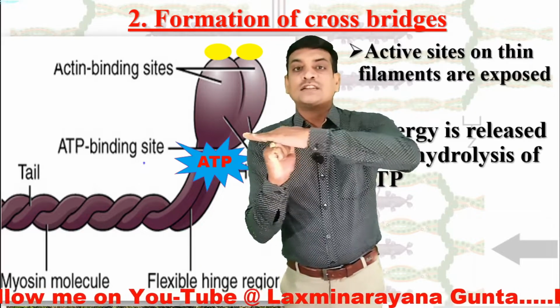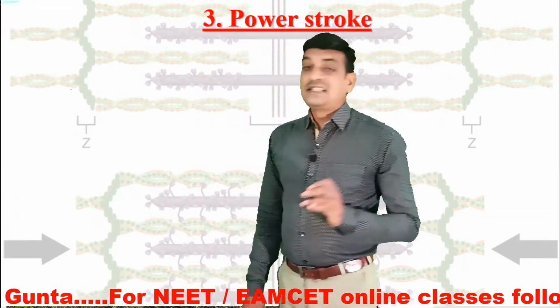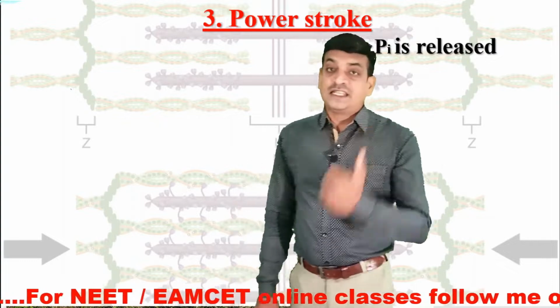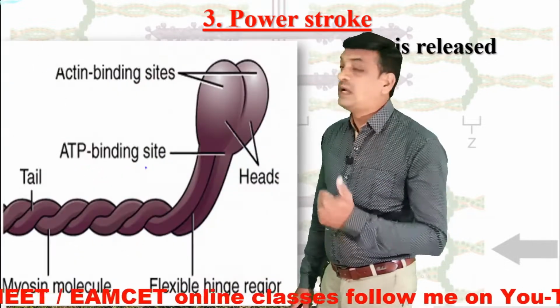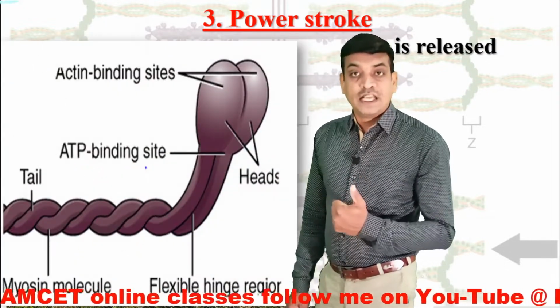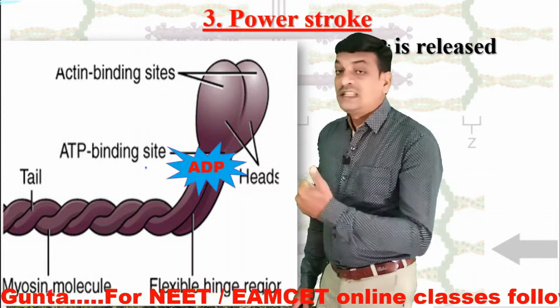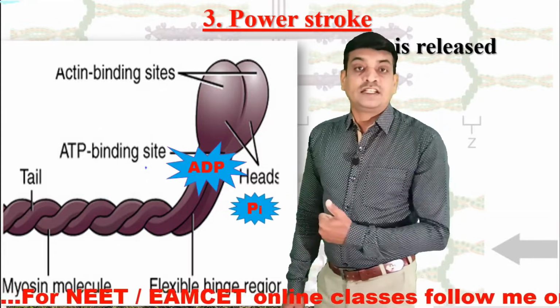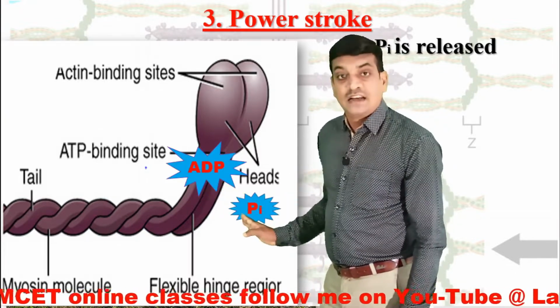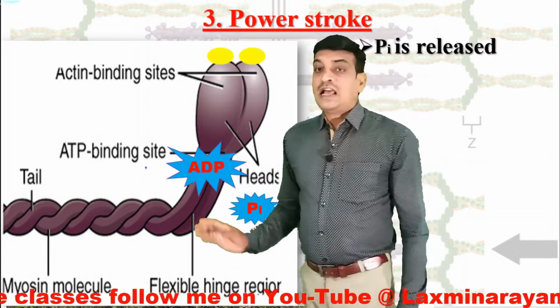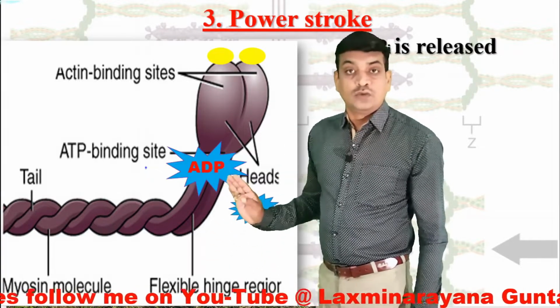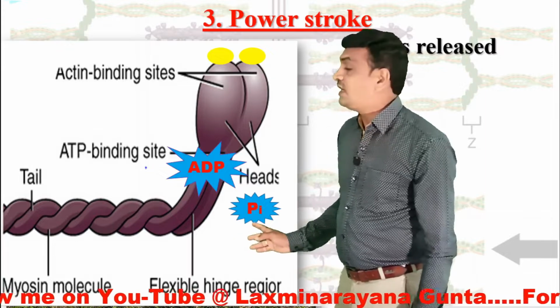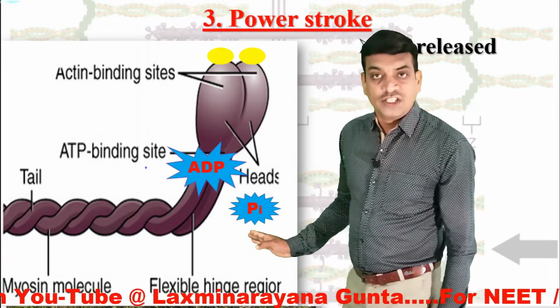And the next one is the power stroke. As I have already told you, in the presence of the enzyme ATPase, ATP is converted into ADP and inorganic phosphate. As the ATP is broken down into ADP and inorganic phosphate, some amount of energy is released.